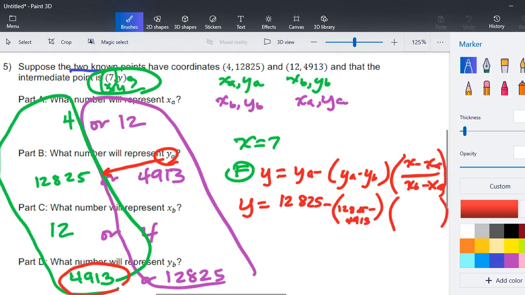Over here, my X is 7. My X sub A is 4. The bottom part has X sub B, and so for that I put 12 minus X sub A.